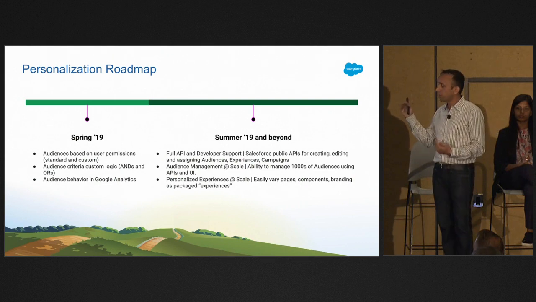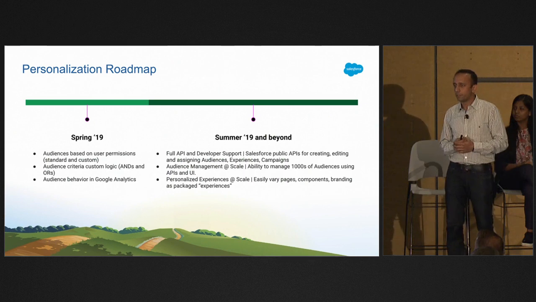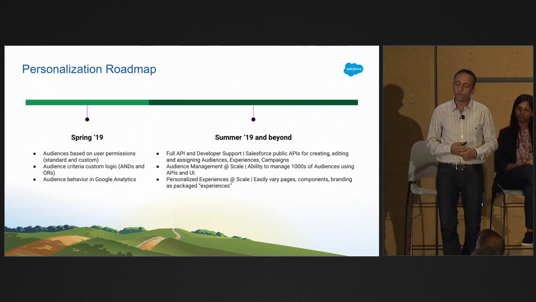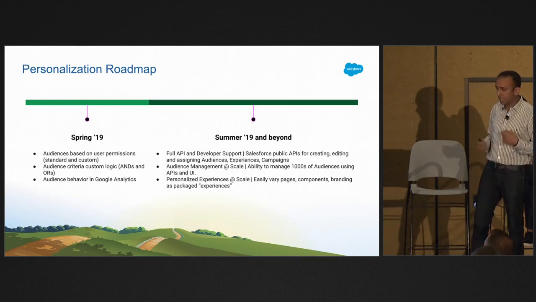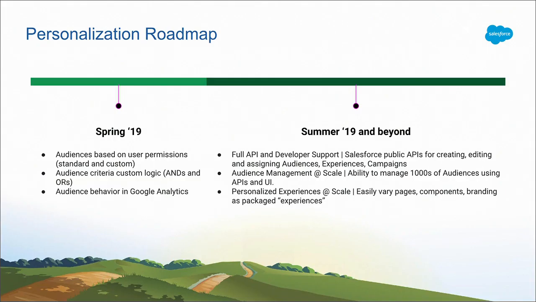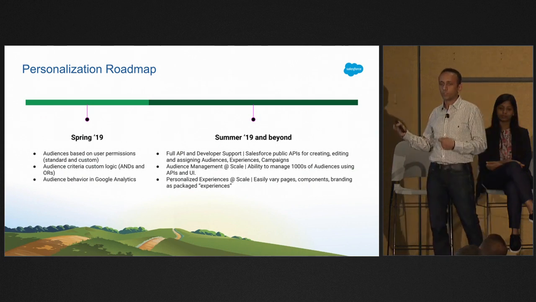So there's going to be a dedicated audience management section that we'll be working on. Personalized experiences: think about experiences as a bundle of pages, components, and branding sets all clubbed together. So instead of assigning them one by one, you'll be able to bundle them together and assign that experience to the audience.